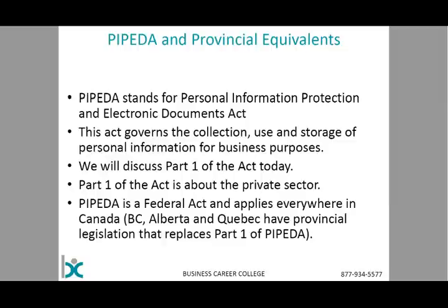In these three provinces, the acts are similar enough and cover more than what is covered in PIPA, so the federal government has said that these acts replace Part 1 of PIPA. In any other province, there may be provincial privacy legislation that would cover the collection, use, and storage of personal information for business purposes, but the federal government has not specifically said that they're strong enough to replace Part 1 of PIPA.